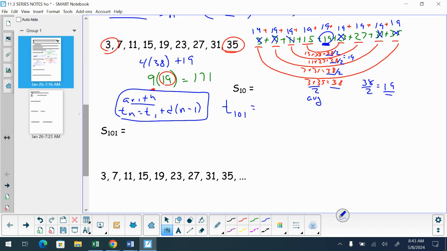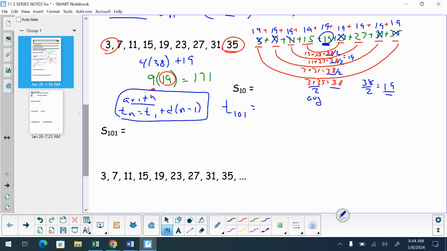Well, what would be term 101? We have an arithmetic sequence. We have a first term of a value of 3. We have a common difference of 4. We want to find the 101st term.